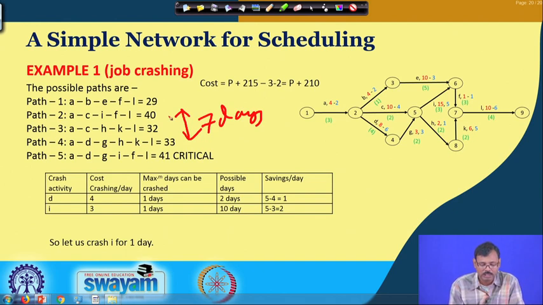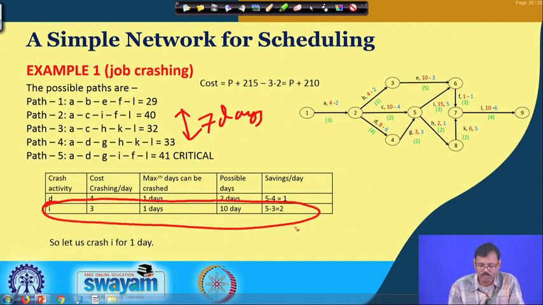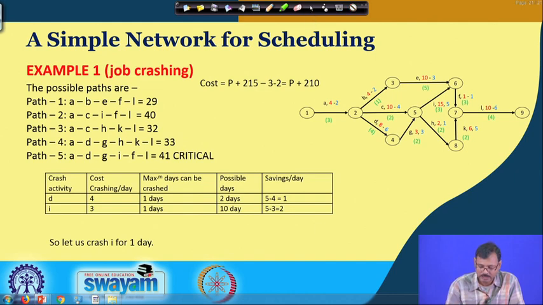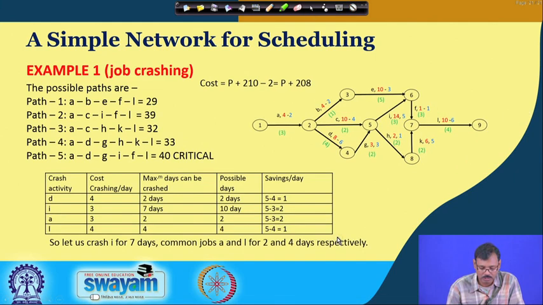That means if we crush I for 7 days, it will become 34 days, but then also it will remain critical. The near critical ones will be this one and this one. So, in consideration of that, it is decided that let us go for crushing of the common jobs.